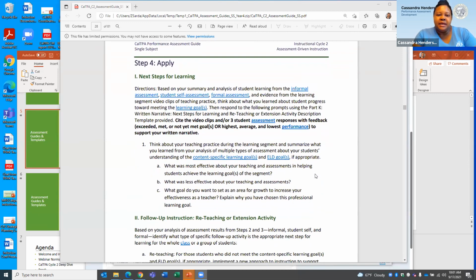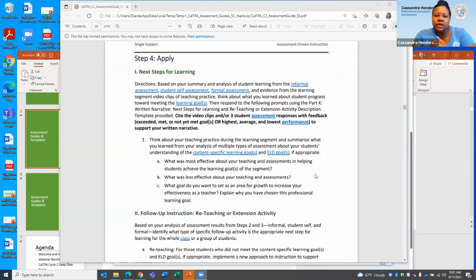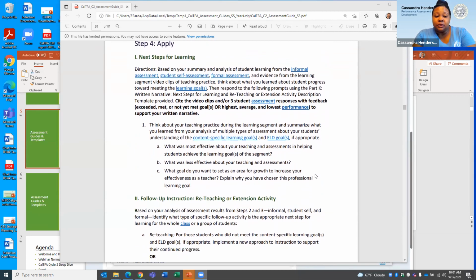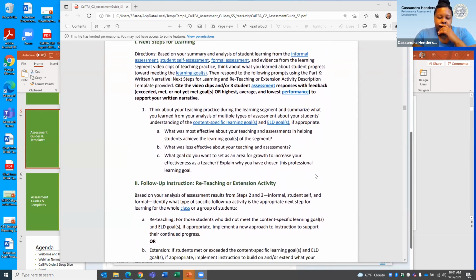They're based on the summary and analysis they did of student learning in the informal assessment, the student self-assessment, and the formal assessment, and evidence from the video clips of their teaching practice. They're going to respond to some prompts about the next steps for learning.